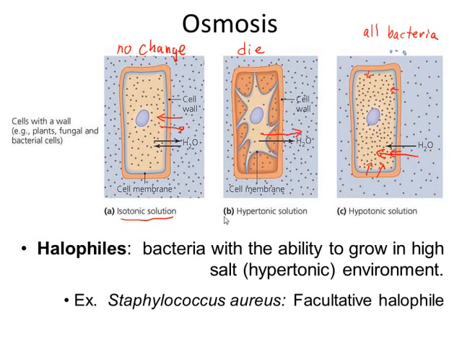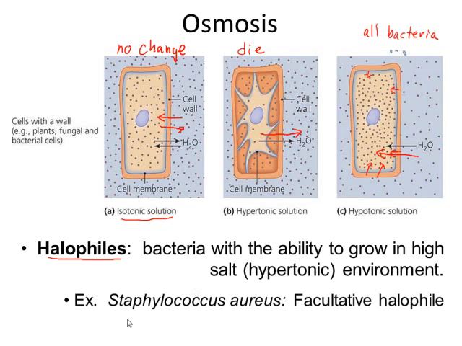But how about this case with a bacteria in a hypertonic solution? Well, some bacteria can actually regulate the loss of water. They're called halophiles. What they essentially do is they can control the salt content of their cell cytoplasm. Therefore, they don't lose as much water.